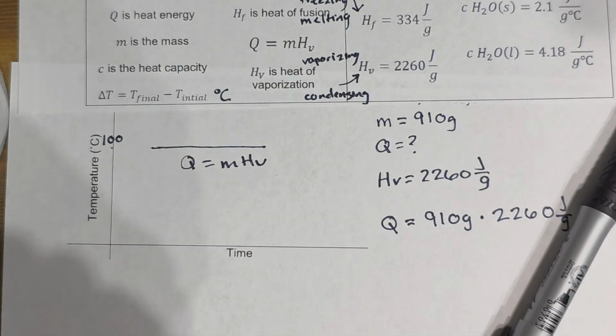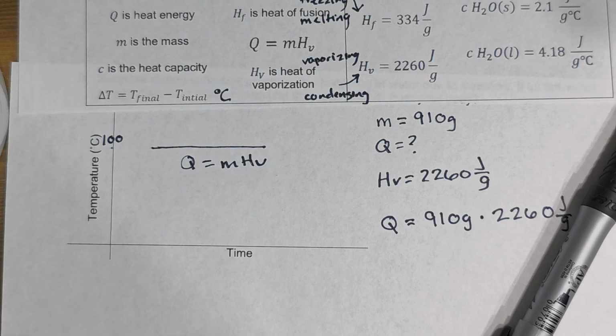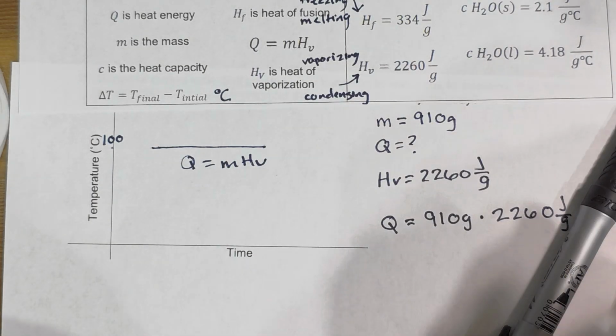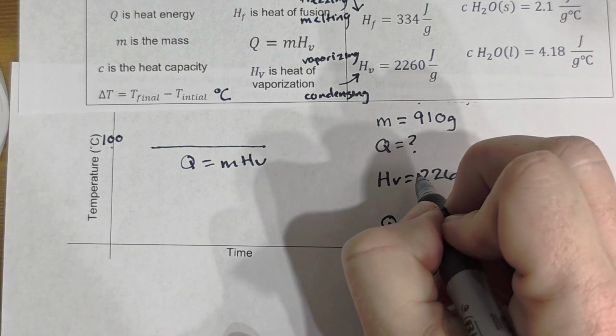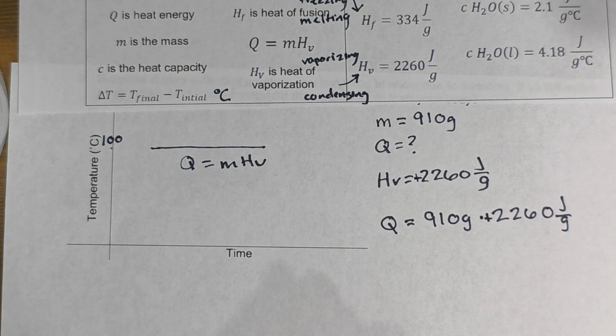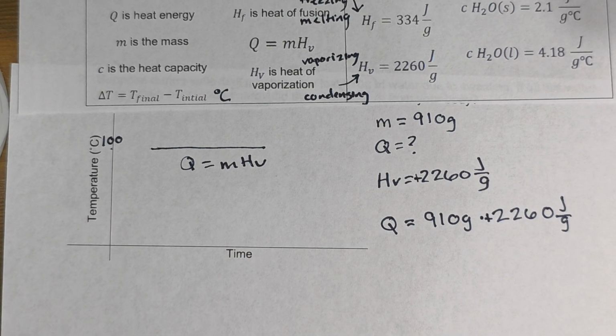I'm going from really tightly connected to really far apart. And so in order to do that, I have to put energy in to pull things apart. That means that I should indeed have a positive energy change. So I'm going to put that positive there to remind myself this should be positive.